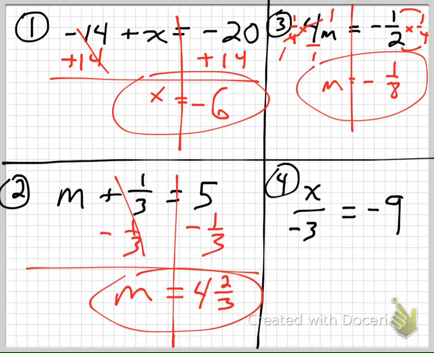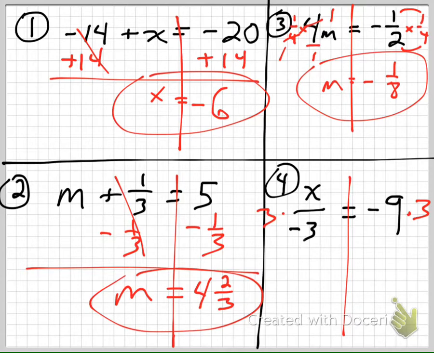Okay. Number 4. Line up the equal sign. Is the variable happy? No, he's being divided by -3. What should I do? Multiply by -3. Why not just 3? What if I just multiplied this by 3? First of all, am I allowed to multiply both sides by 3? I'm allowed to do whatever I want to, as long as I do it to both sides, right? So let's just multiply both sides by 3.